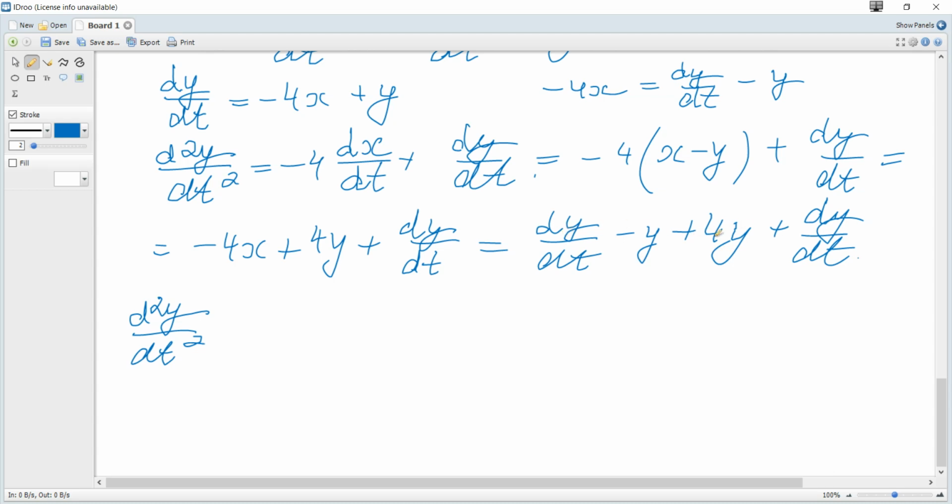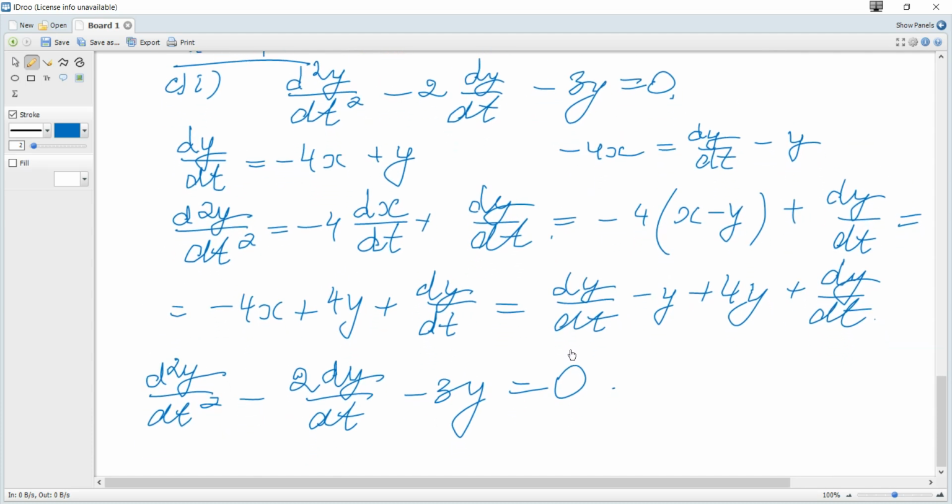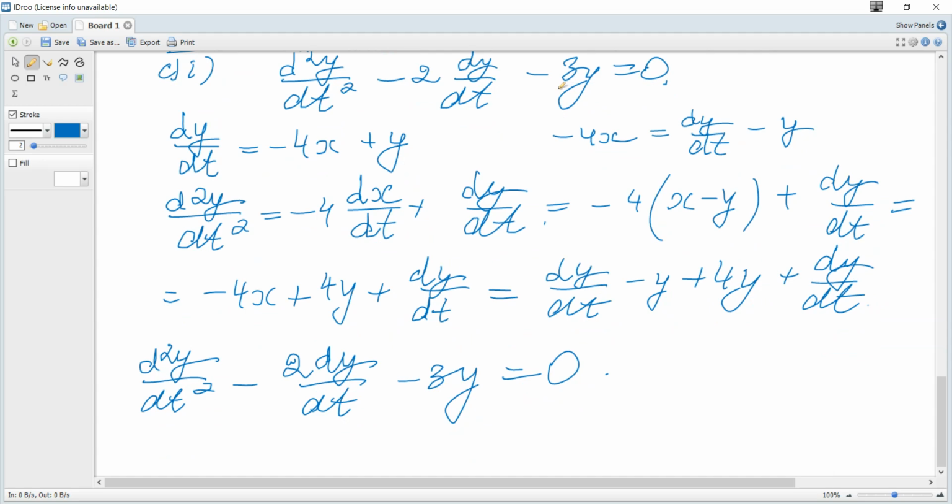Dy over dt plus dy over dt is 2 dy over dt to the left, so minus 2 dy over dt, and 3y to the left, negative 3y is 0. Yes, and it is equal as required.